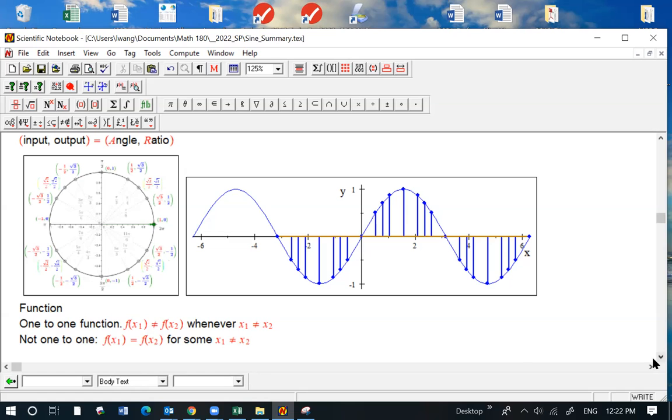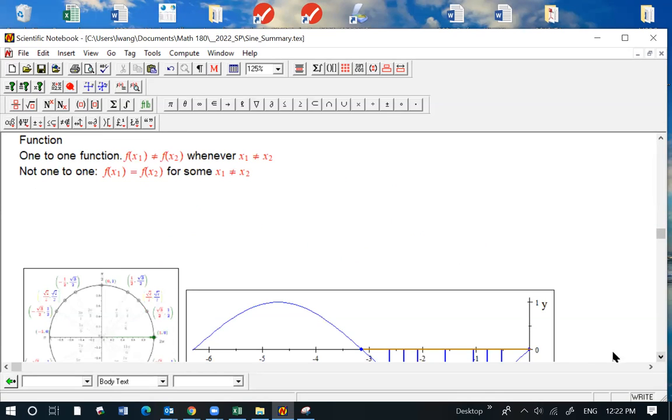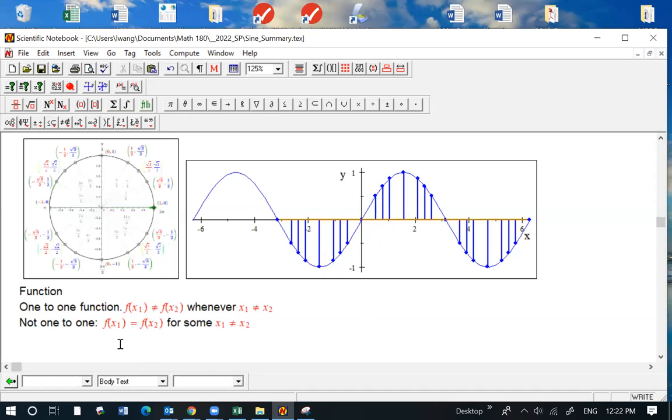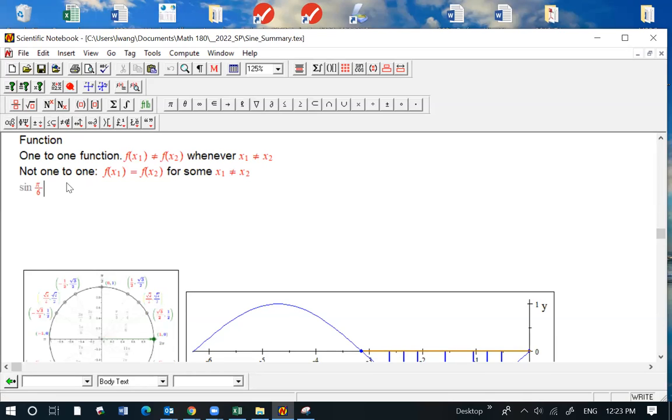So for that, we can easily make our case. There are so many examples. We can say, quoting an example, sine of pi over 6 is the same as sine of 5 pi over 6.